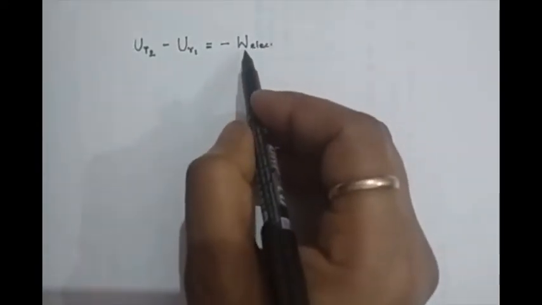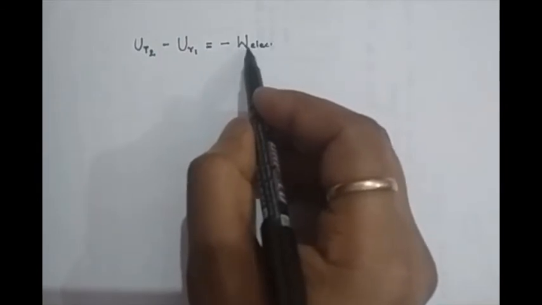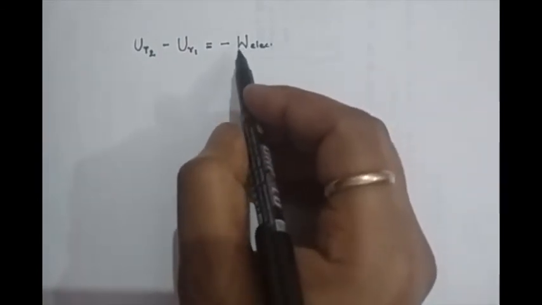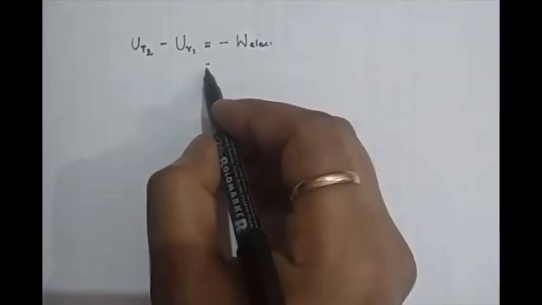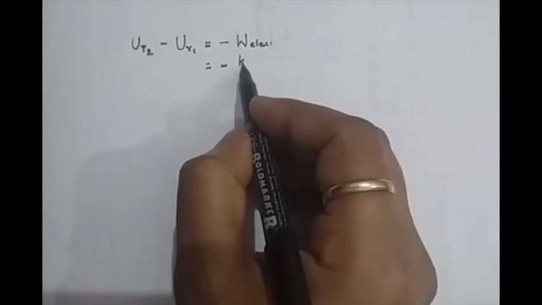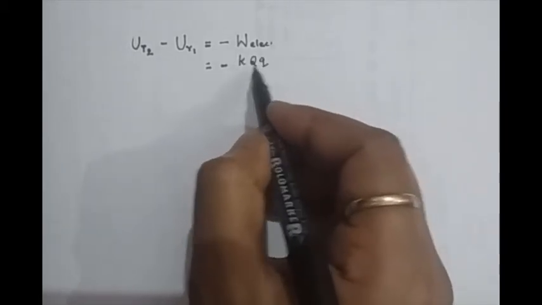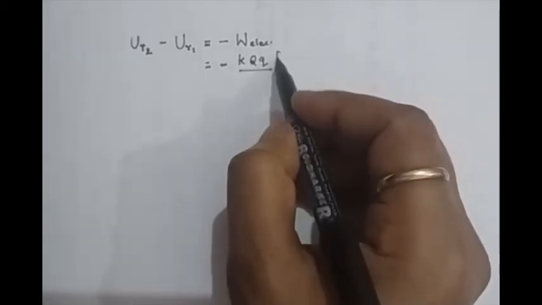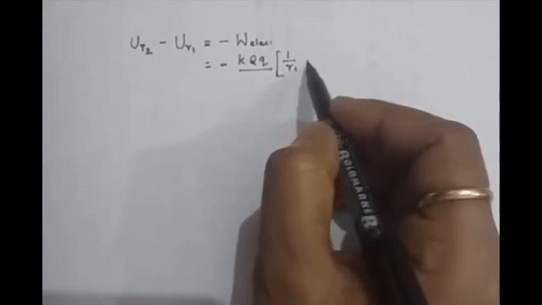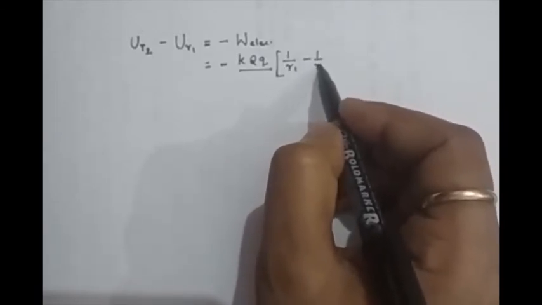We have already found the value of work done by electrostatic force, and it is equal to K Q q times 1 by r1 minus 1 by r2.